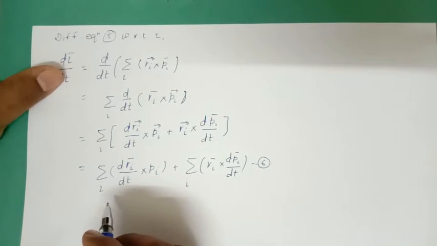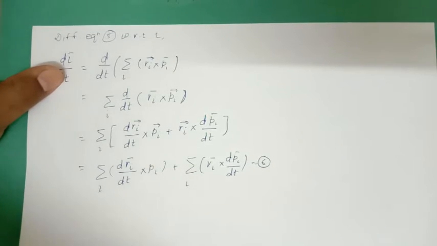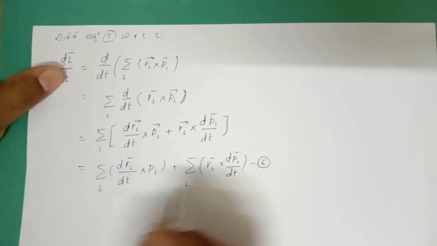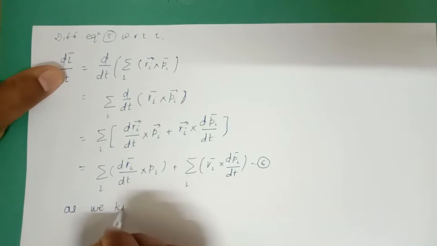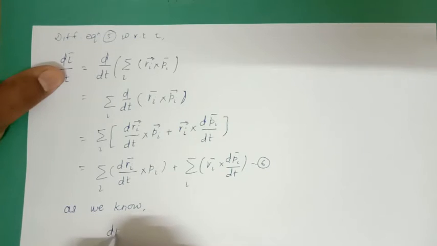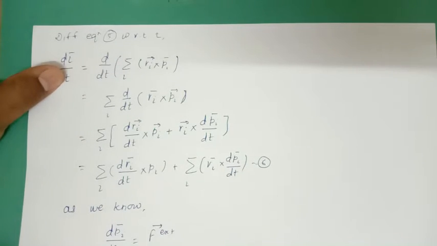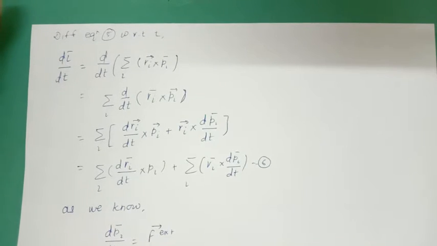So from the last lecture we studied the equation for the force. So the equation for the force is, as we know, dpi by dt is equal to F external. We pointed out this force acting on the system, which is the change in its momentum.